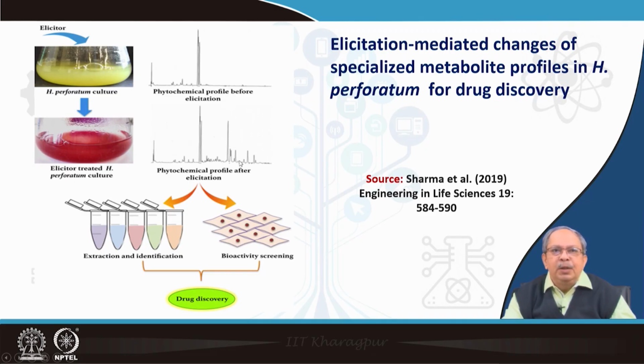These multiple peaks mean that it produces new metabolites which are not produced in unelicited cultures, and these can be collected, fractionated and used for testing, for bioactivity screening, leading to drug discovery. It is possible to separate these pigments at preparative level using preparative HPLC, and individual fractions can be extracted, identified and tested for biological activity.